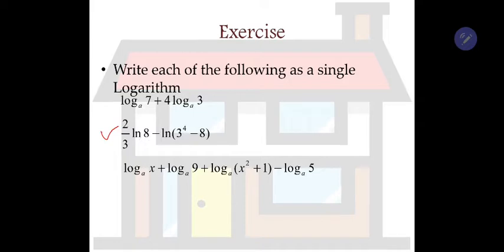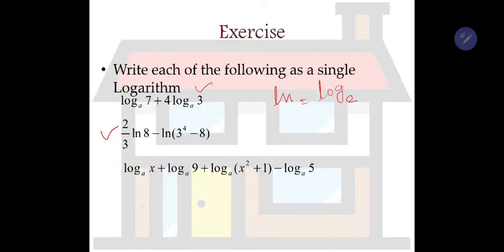Here you see ln. ln is actually the natural log. The natural log is a log with the base e, and that is called ln, or natural log. We apply the same properties of log that we applied here. To answer the second question, there is 2 over 3 before ln.